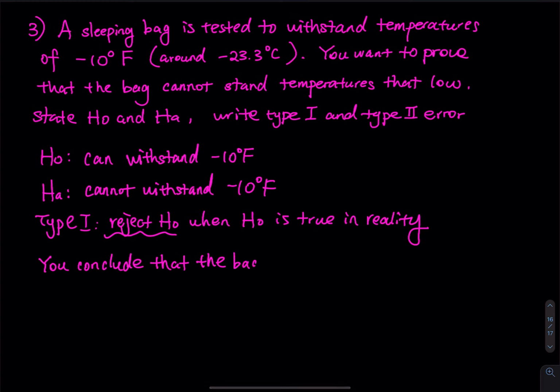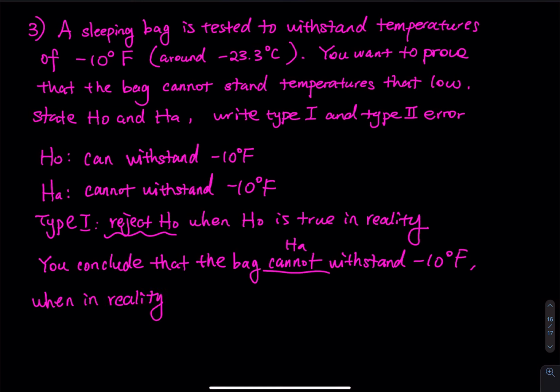So the bag cannot withstand negative 10 degrees Fahrenheit when in reality, H0 is true. That means when the bag can withstand negative 10 Fahrenheit. You think the bag cannot, but in fact the bag can. Okay, so that is type 1.